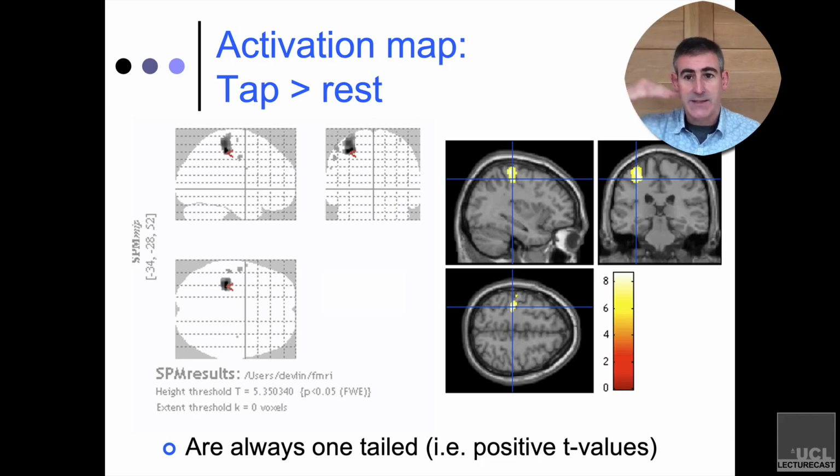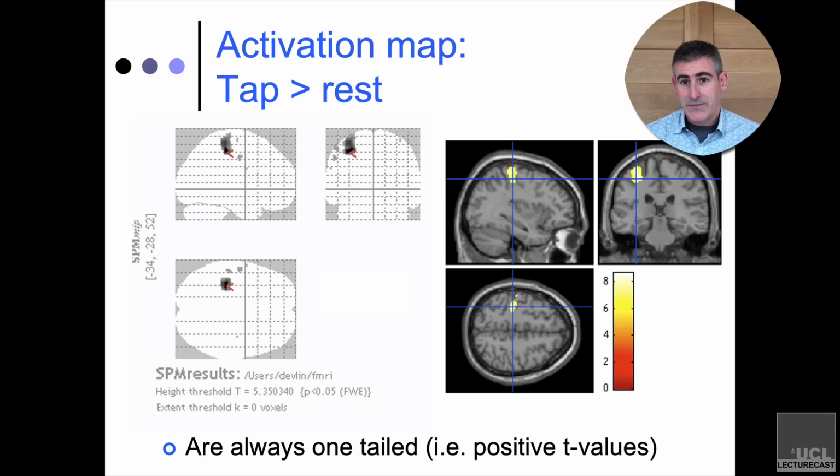And again, you can't see top to bottom. It's all been collapsed. Which means that in any one direction, you're missing a dimension. But as soon as you get used to putting them together, you can see where these activations are. In this particular example, the activation's essentially in primary motor cortex, and that's it. That's where the big gray blob is. So it's very easy to visualize these things.